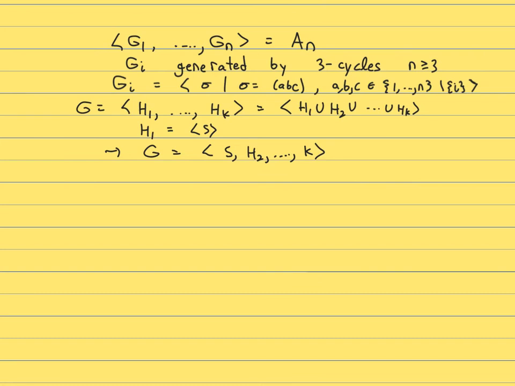So you get all these 3-cycles, and that includes every 3-cycle in the full group, because every 3-cycle has to lie in one of these sets to begin with. So you get for free that the alternating group is generated by 3-cycles.